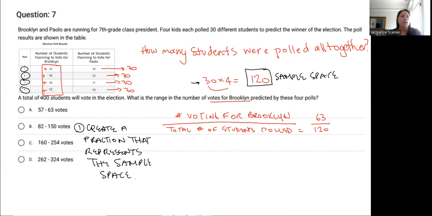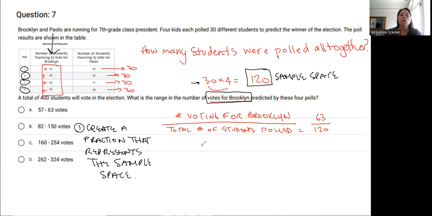It said, what is the range of number of votes for Brooklyn? Because we were looking for votes for Brooklyn, I looked in the table and found which column represented the votes for Brooklyn, and that was this left side of the table. So to get a total number of votes for Brooklyn, I added all of those values together. Okay, so 63 over 120 represents the fraction of students who were voting for Brooklyn out of the total number of students in the sample space.